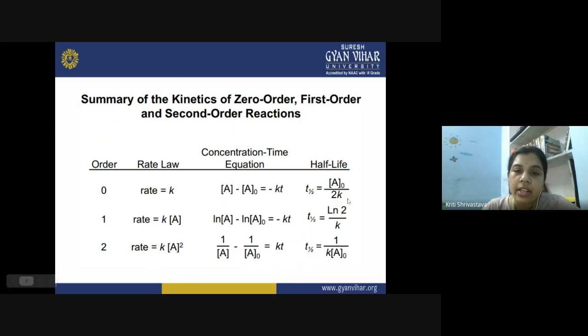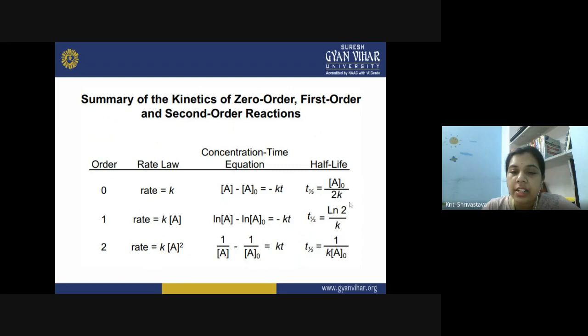For the zero order reaction, we get the half-life expression t half equal to A naught upon 2k. So the half-life is directly proportional to the initial concentration of reactant. For the first order reaction, t half is equal to ln 2 upon k.